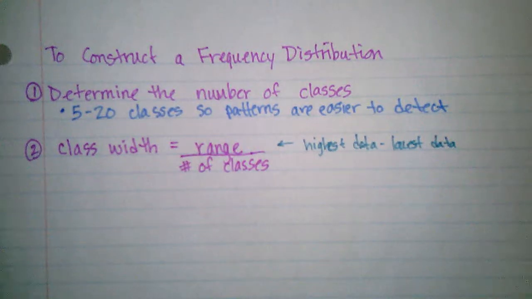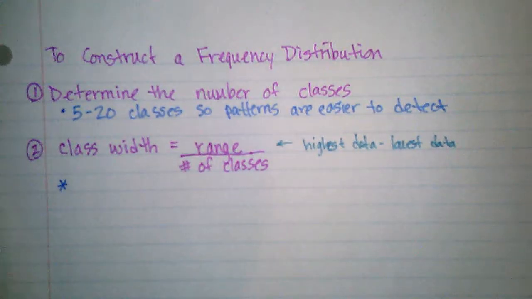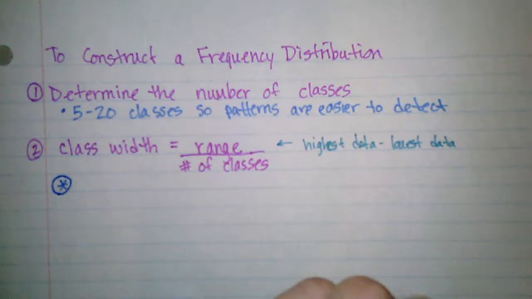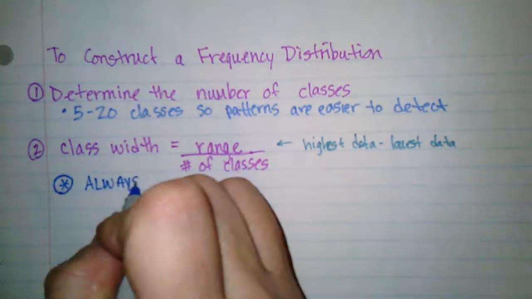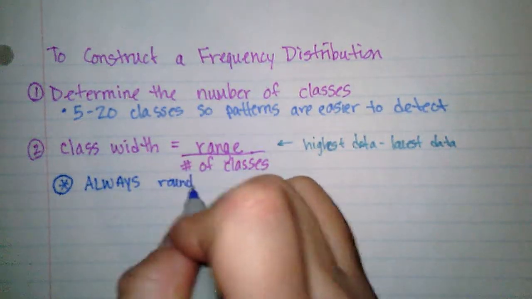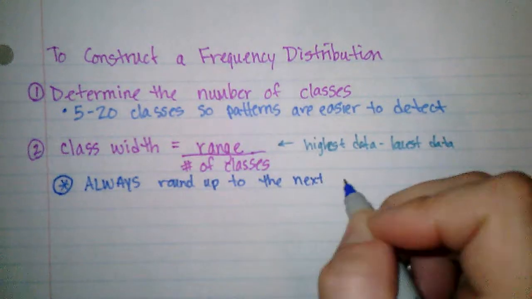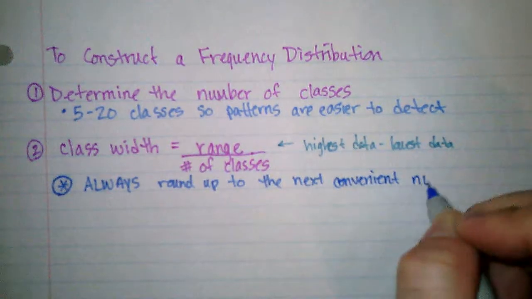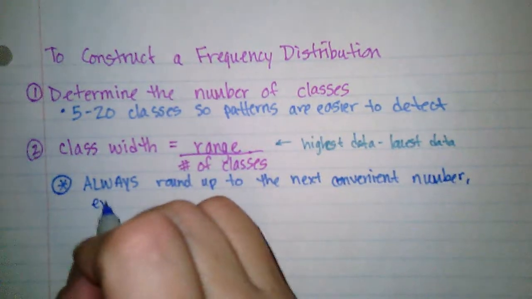So we'll use the range divided by the number of classes that we've decided. When you divide that, most likely it's not going to be a whole number. Even if it is a whole number, we're always going to do some rounding. So we are always going to round up to the next convenient number, even if the quotient was a whole number.